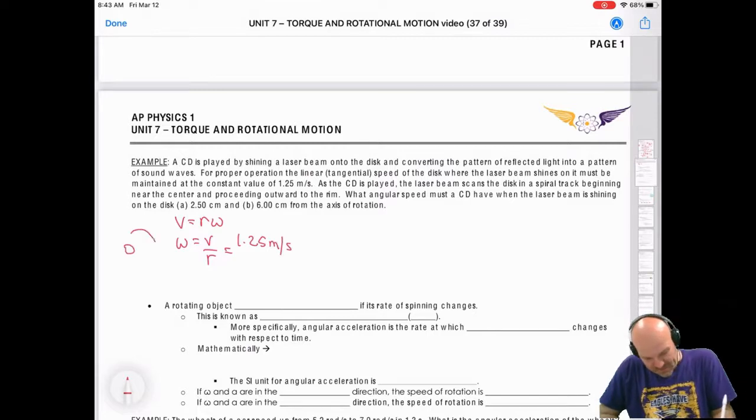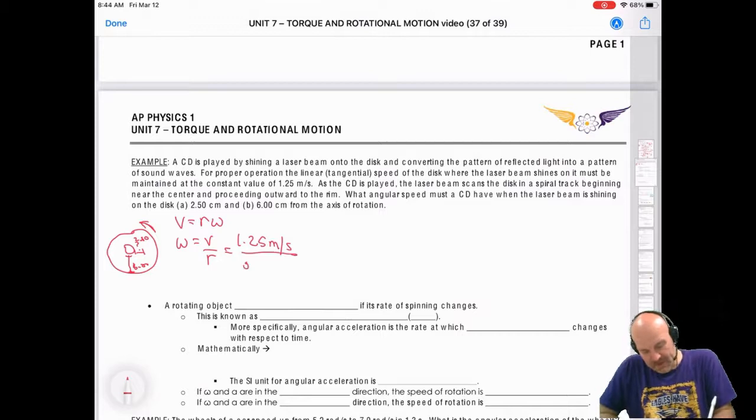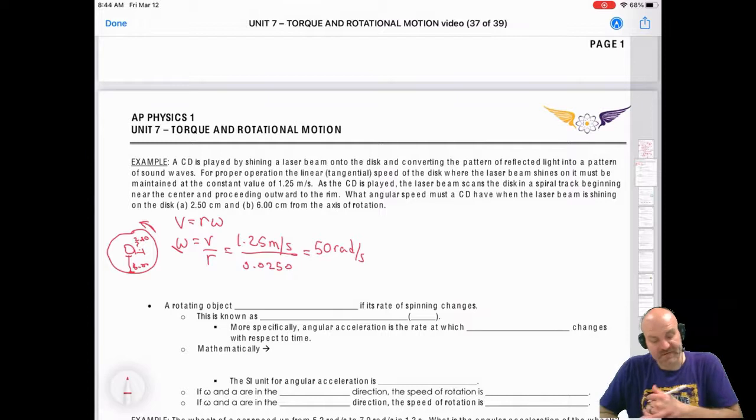Basically, what's happening is this is spinning, and we're looking at how fast it's moving here, and all the way out, at 6 centimeters and 2.50 centimeters. Even though technically they should be spinning at the same rate, you're going to see that it's based on their position. If I convert this to meters, 0.0250, it tells me that it's spinning at 50 radians per second at 2.5 centimeters.